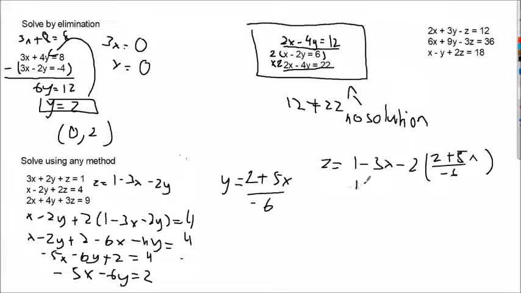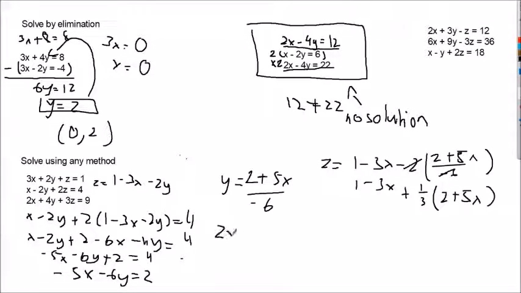Which will give us 1 minus 3x minus 4 minus 10. Actually, I'll just make this simpler by doing this. Then now we have plus 1/3 times 2 plus 5x. That's our z, that's our y. So then now we can put it into this final equation.